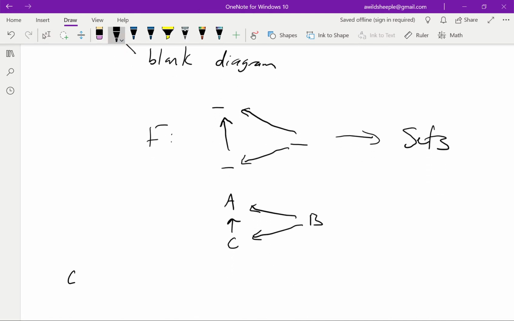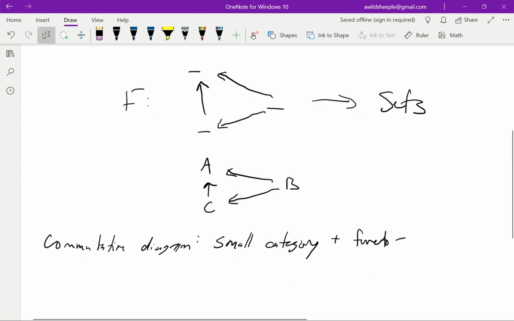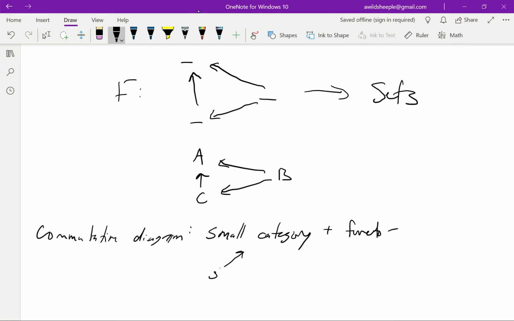So an ordinary commutative diagram should be thought of then, according to Kashiwara and Shapira, as a small category which tells us the shape together with a functor to some other category telling us the objects, like the actual entries of the diagram. And with this in mind, we can rephrase everything we've done so far in terms of diagrams, now in terms of functors.